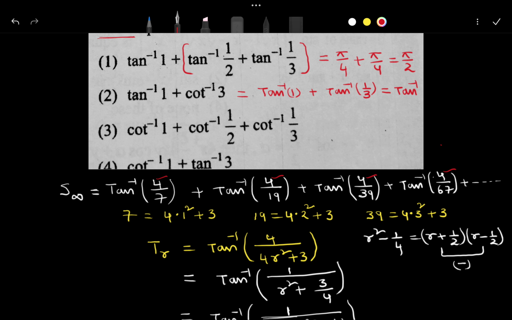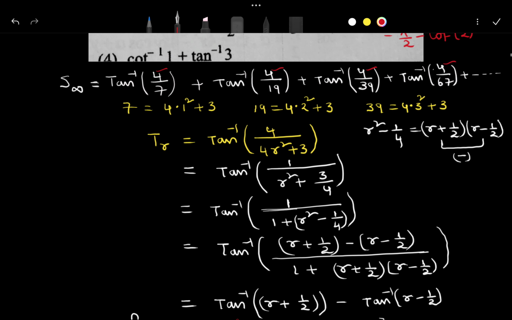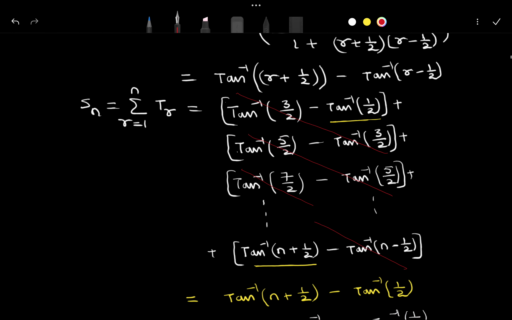So tan inverse of (1 plus 1/3) divided by (1 minus 1 times 1/3), which equals tan inverse of 4/2, that is tan inverse of 2. Tan inverse of 2 equals pi by 2 minus cot inverse of 2. So now you see the final result, you already got it.